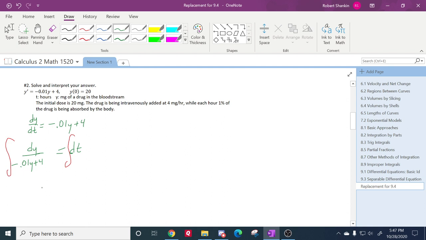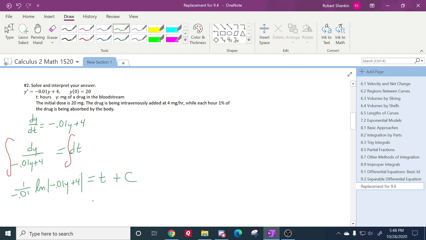And on the left side, I'm going to get the natural log, the absolute value of this stuff. Now if I took the derivative of this, I'd get an extra negative 0.01 showing up, so I have to divide that out. And then on this side I'd get t, and I've removed all of the integral signs, so plus c has to occur on at least one side. Since I'm solving this thing for y, that's why I put my plus c on the other side. I could have put it on either side.